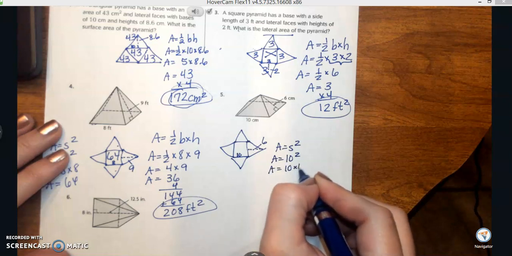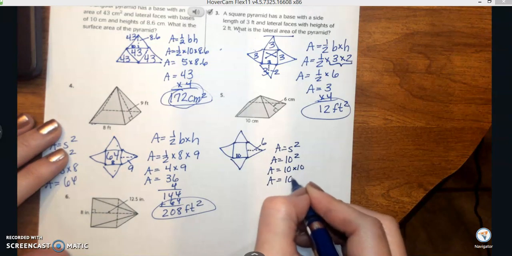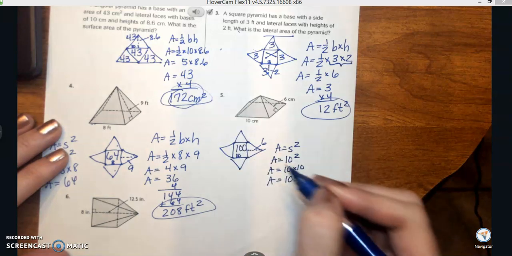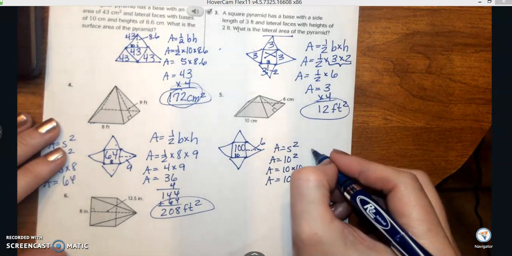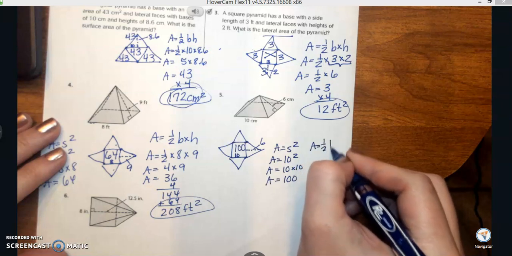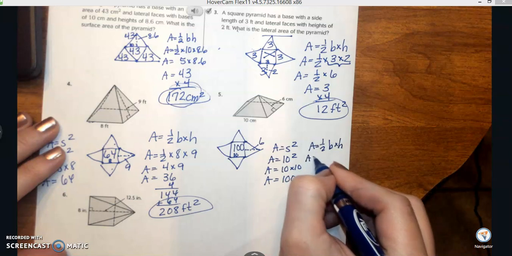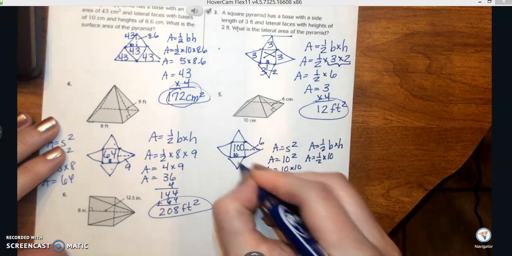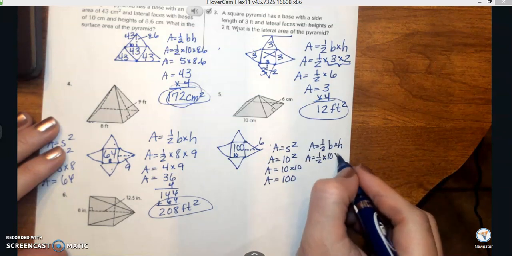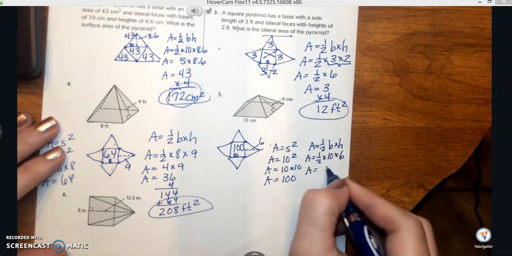That means 10 times 10. So that means our area is 100. Then I'm using area equals half base times height for my triangles. My base of my triangles is 10. And my height is 6. Half of 10 is 5.